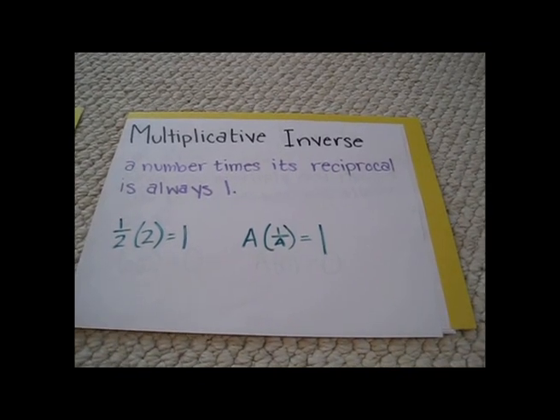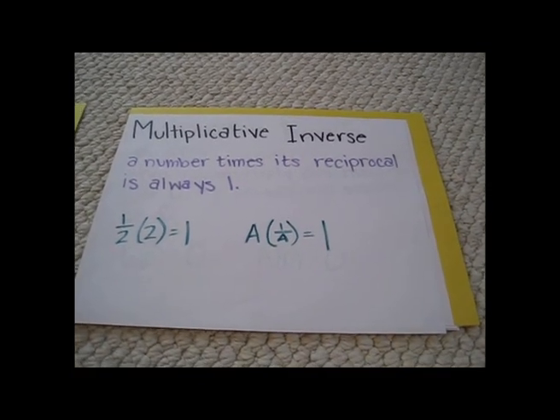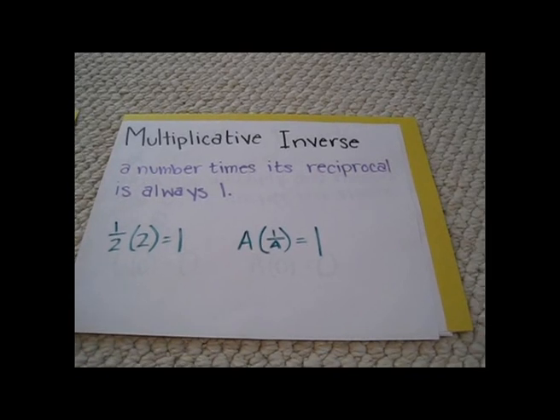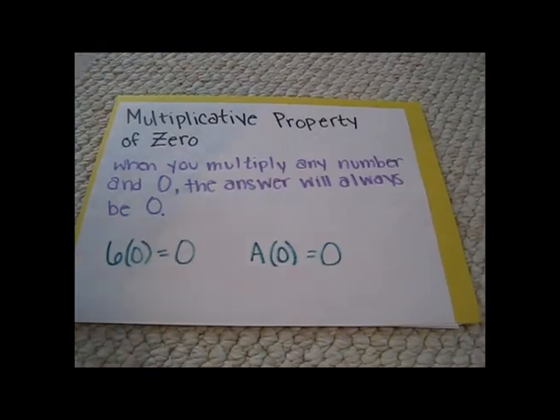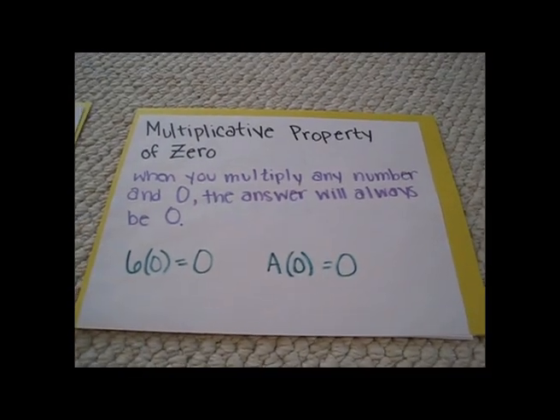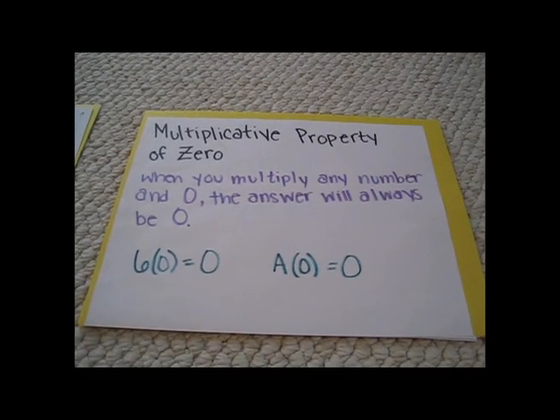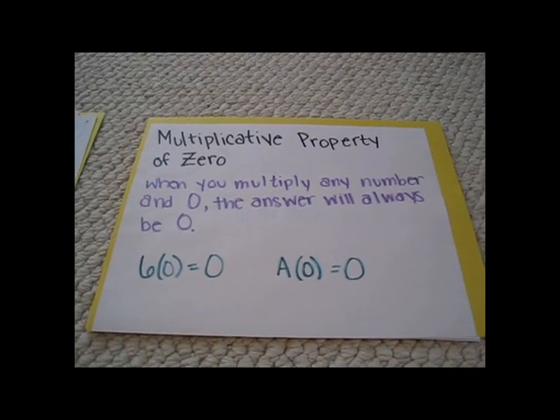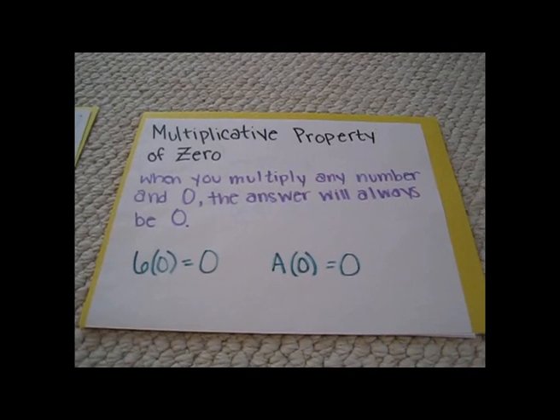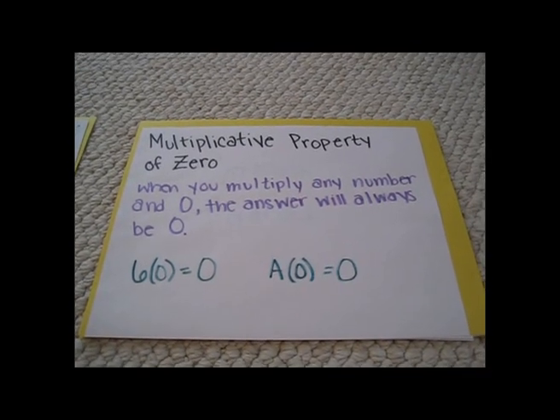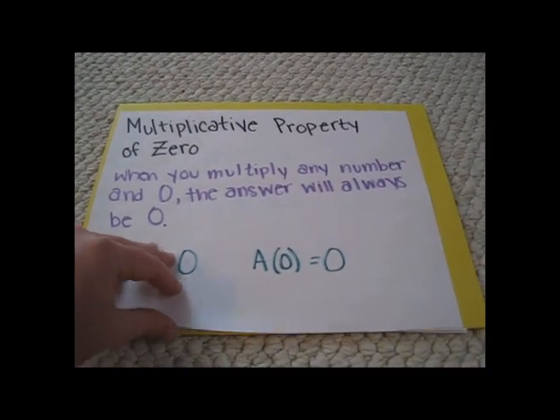So 1/2 times 2 is 1, and A times 1 over A is always 1. The multiplicative property of 0 is when you multiply any number times 0, the answer will always be 0. So 6 times 0 is 0, and A times 0 is 0.